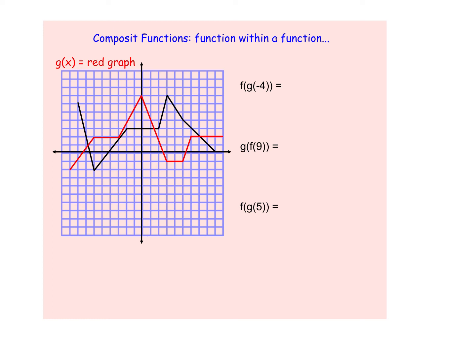I do want to look at one where there's 2 different colors like this. It's saying that g of x is the red one. You get how there's 2 graphs here? There's a red one and a black one. The red one is g. The black one is f. So, try this. Pause for a second.